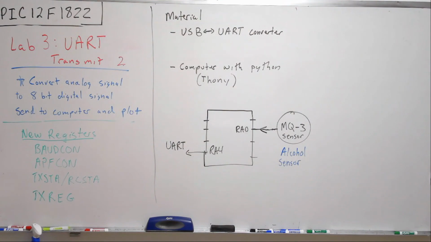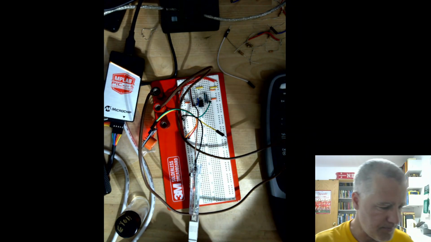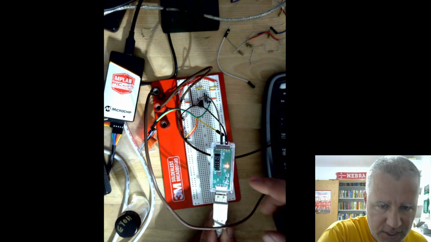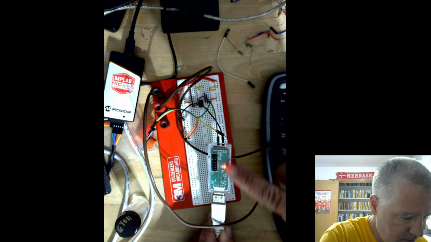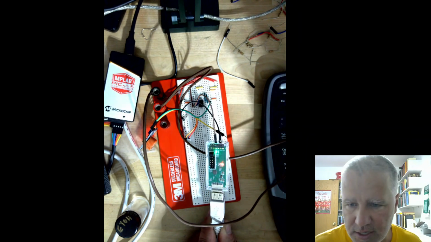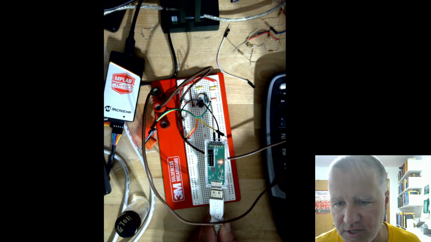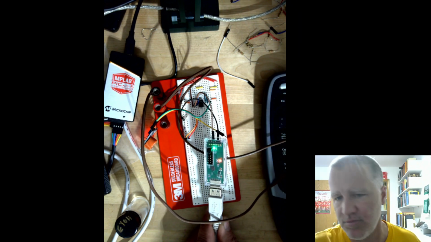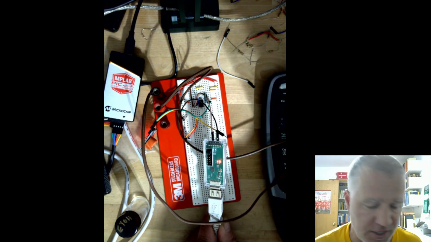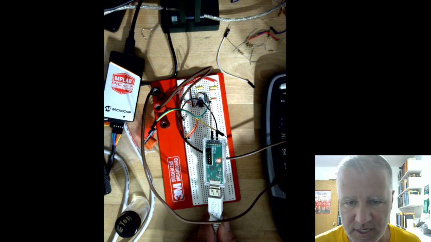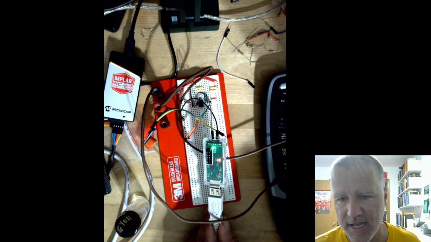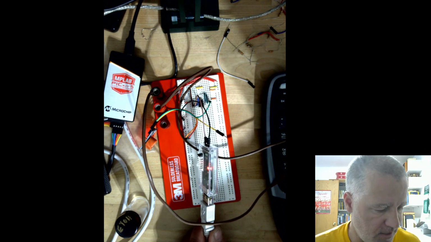Let me first go to the .com quickly, just to remind you what we're using here. This is the USB to UART converter. If you go to the previous video, I went to the Amazon site where it was only $9.99, so a very good deal. It also has SPI and I2C capabilities.